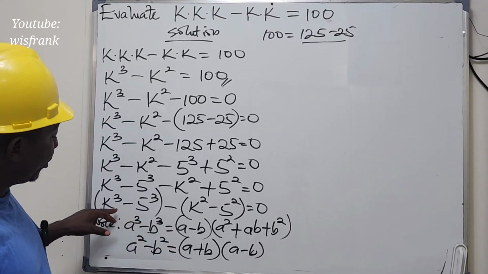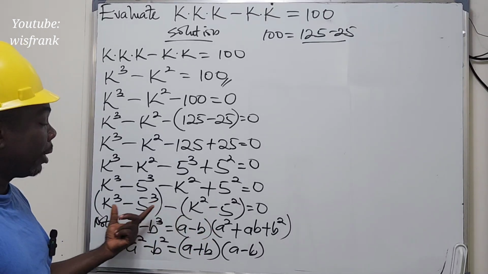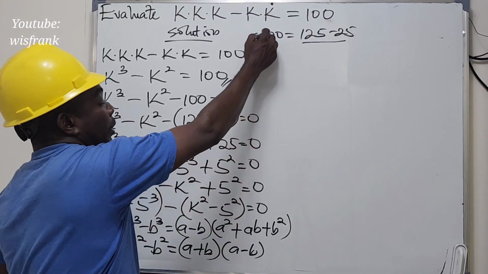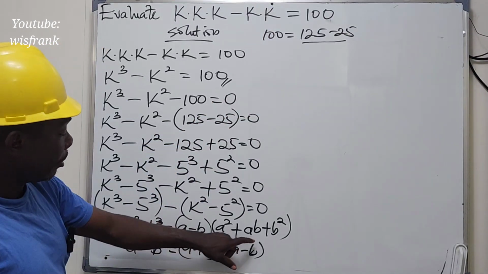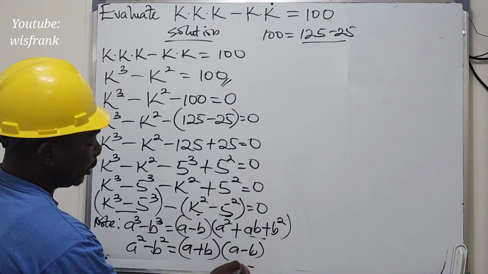So we are going to express each of these parentheses using the solution for the difference of two numbers in these two parentheses. Before we do that, we need to go over to this other side. We are going to express this one in this format and this one in this format.